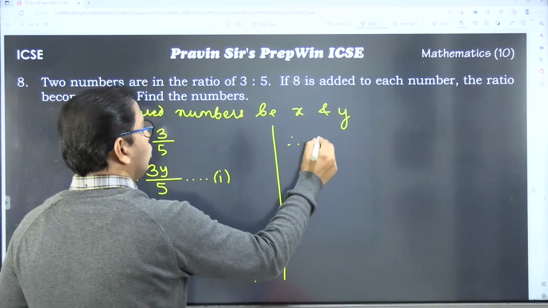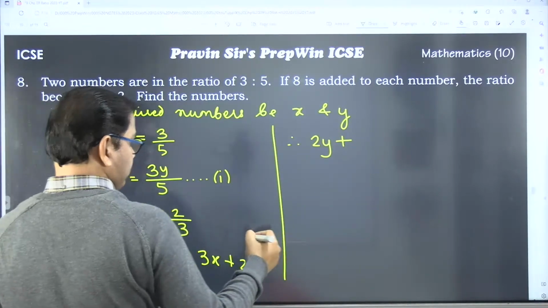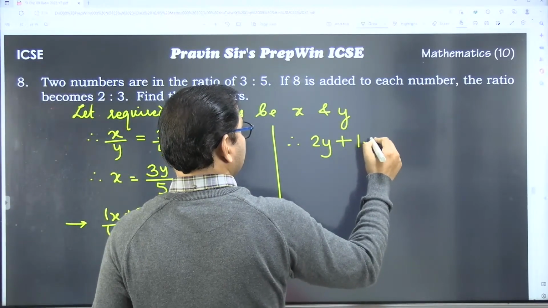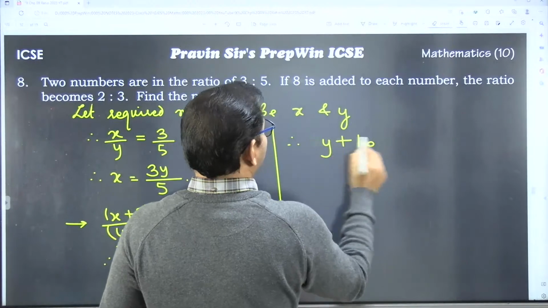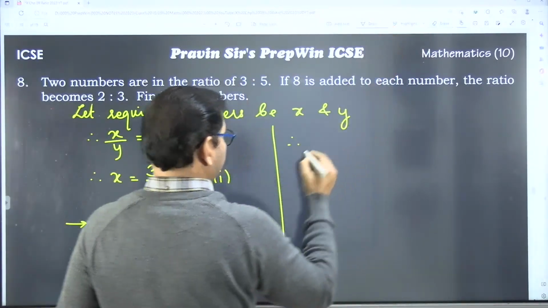Now solve carefully. We will substitute the value of x. I am getting 2y plus 16. Okay, I'll take all the terms on one side.